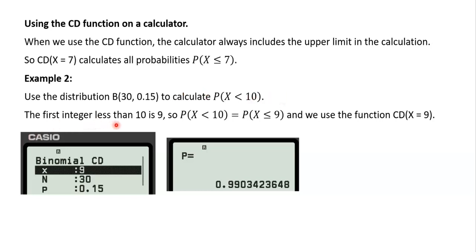The first integer less than 10 is 9, so the probability that x is less than 10 is calculated by doing the calculations for x less than or equal to 9. In this case, using the binomial distribution B(30, 0.15), if you input all these numbers in your calculator, you will get the answer 0.99.